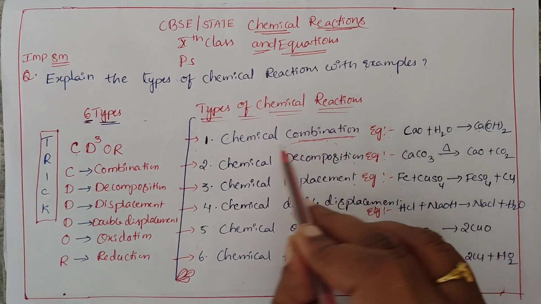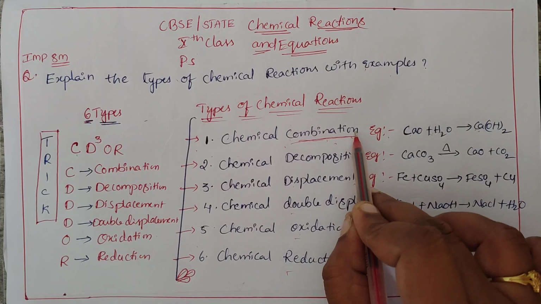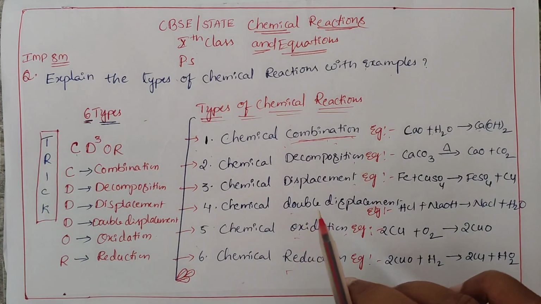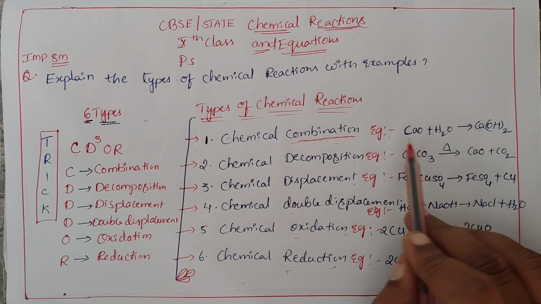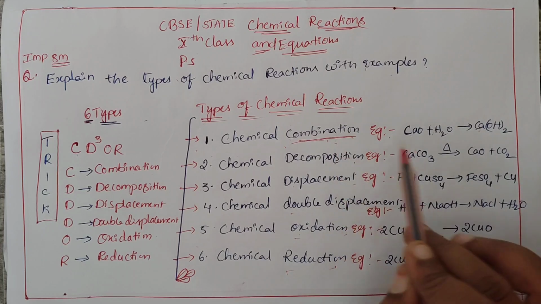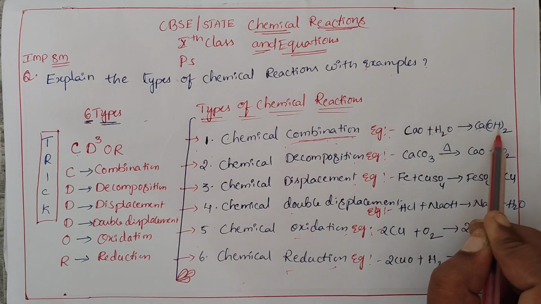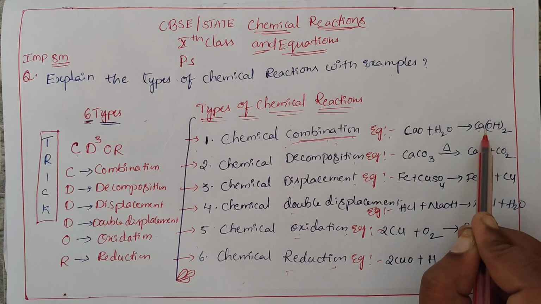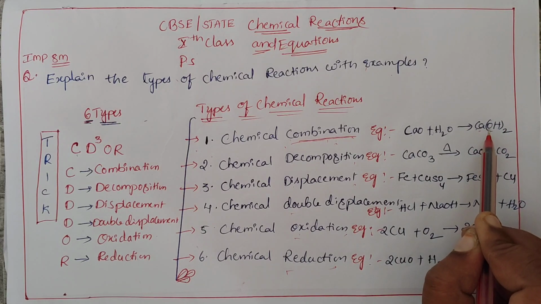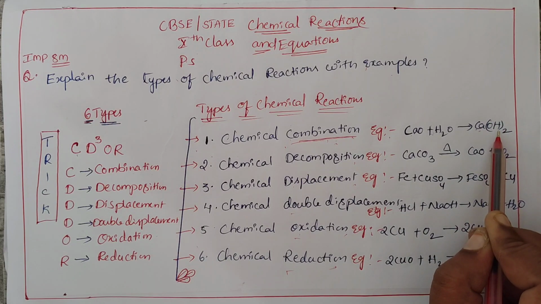Such types of reactions are called chemical combination reactions. Next example for this combination reaction: calcium oxide combined with water forms calcium hydroxide, which is the formula for slaked lime, Ca(OH)2.